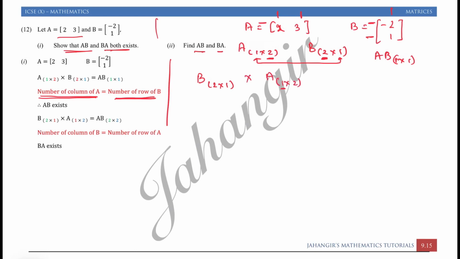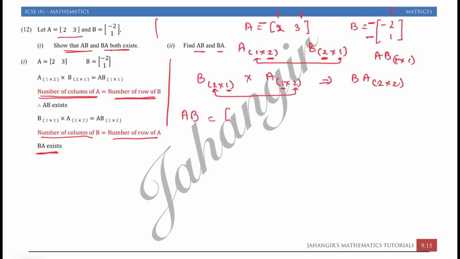Here again the number of columns of B is equal to the number of rows of A. So BA also exists, and the order of BA is 2 by 2.